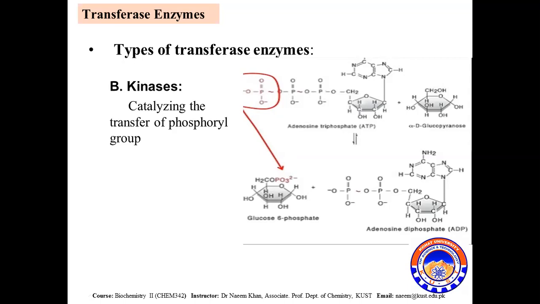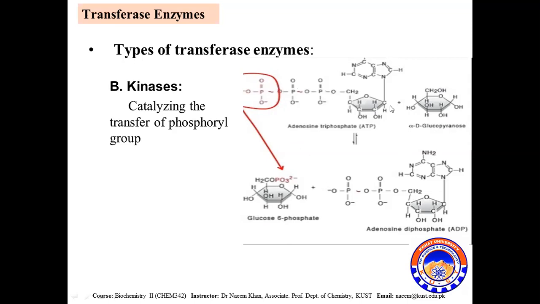In this reaction, we can see that the other substrate is glucose. The pyranose form of the glucose structure is given. Here, the phosphate group is transferred from ATP to carbon number 6 of glucose. We get glucose 6-phosphate, meaning the phosphate is linked to glucose carbon 6.